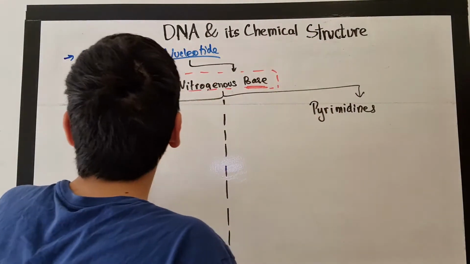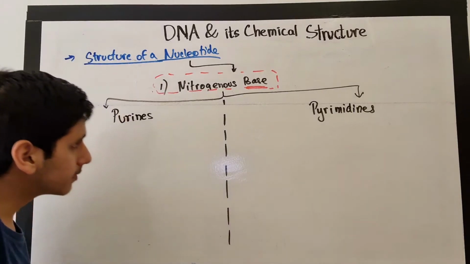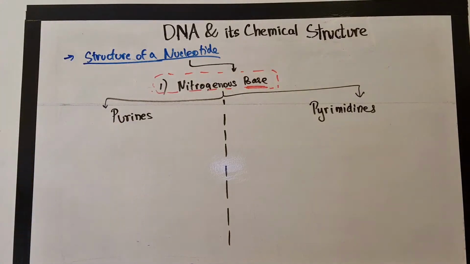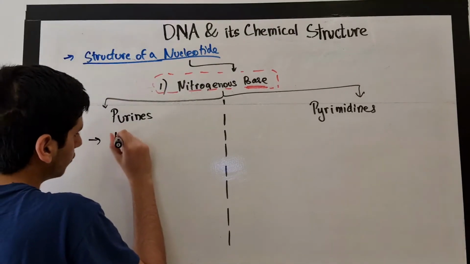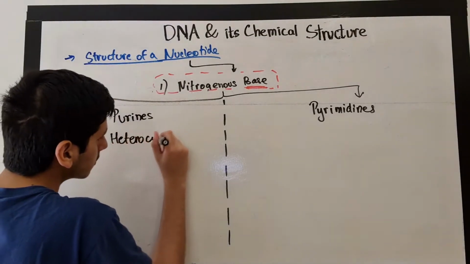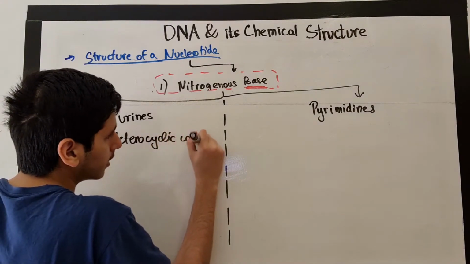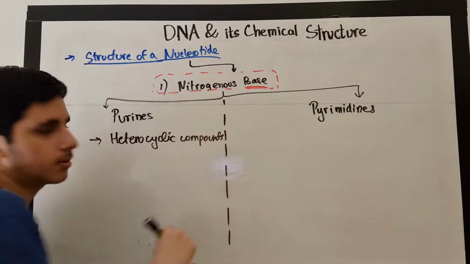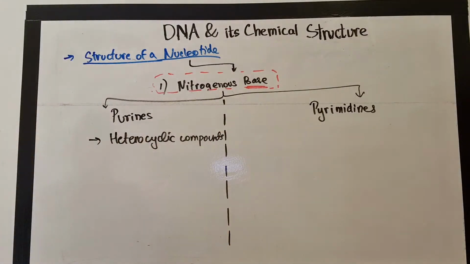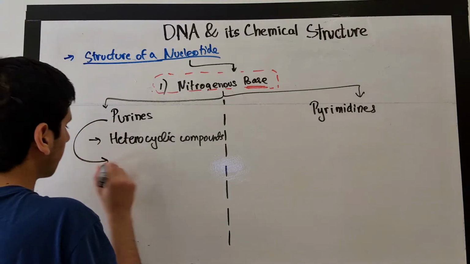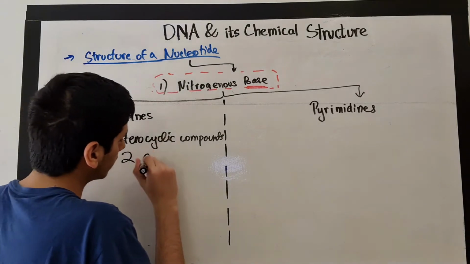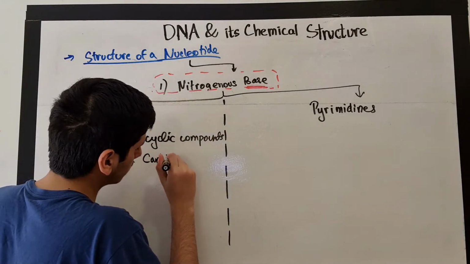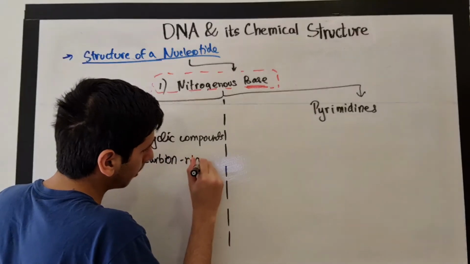So what's the difference between purines and pyrimidines? Well, they both are heterocyclic. Purines are heterocyclic organic compounds, and purines have 2 carbon rings.